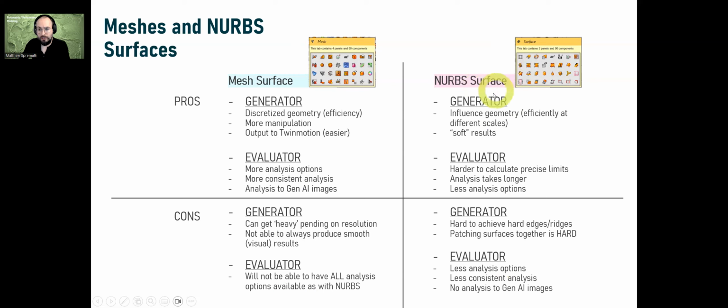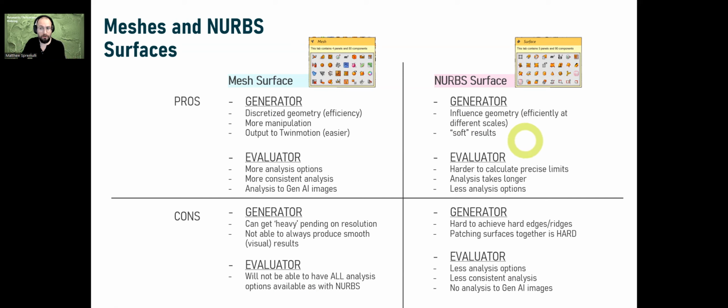On the NURBS surface side, the generator side, the pro is that because it's influencing geometry, it's efficient at many different scales. It tends to be a little less efficient when you have lots of NURBS surfaces, like hundreds or thousands; it gets a little buggy and slow.